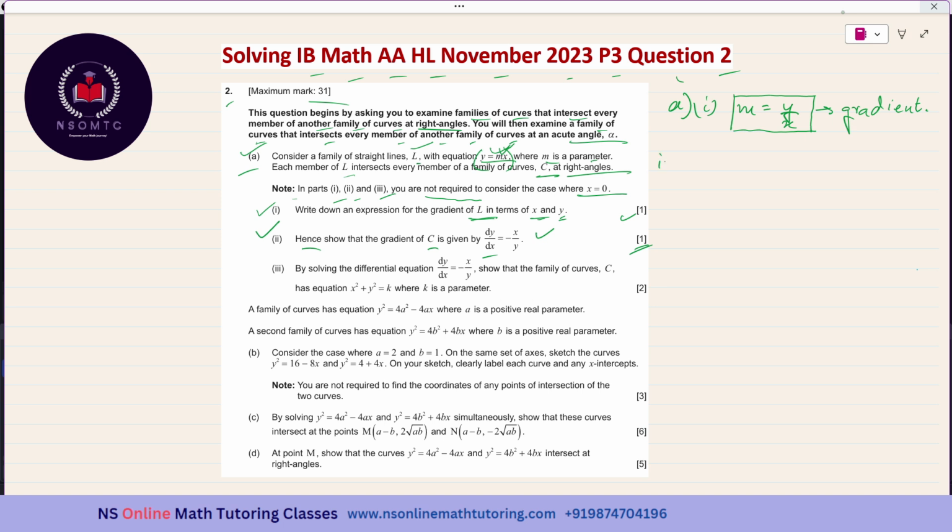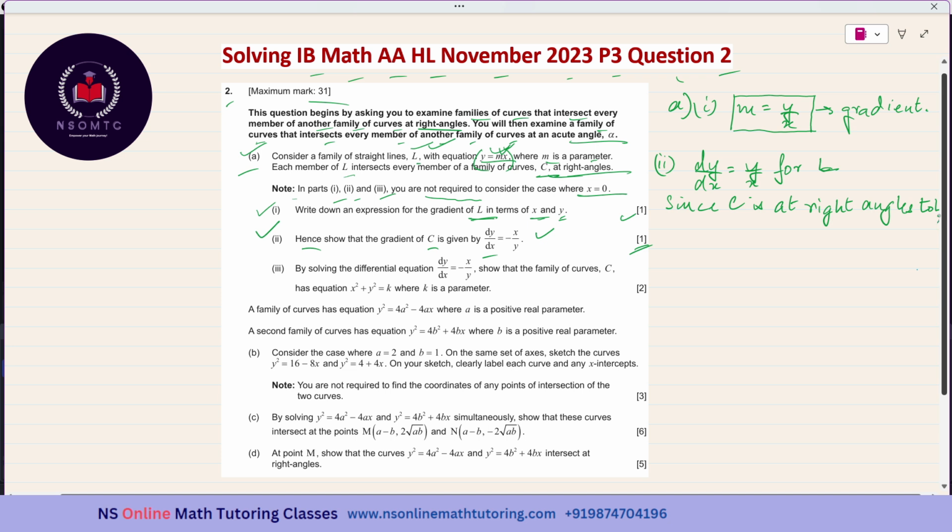So, C is at right angles to this family of straight lines L. dy by dx is equal to y over x for L. Since C is another family of curves, C is at right angles to L.